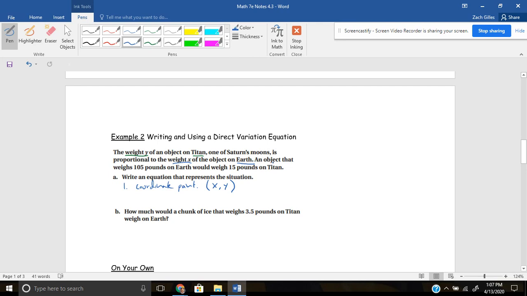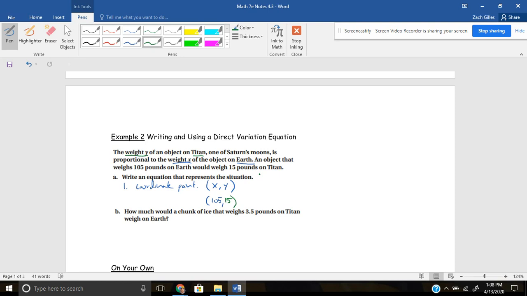So it says an object that weighs 105 pounds on Earth, so that's what I will substitute in for x. It would weigh 15 pounds on Titan. Remember I called y Titan, so 15 pounds for Titan. So there is our coordinate point. We know that if we were to graph it, this line would pass through 105 to the right and up 15.